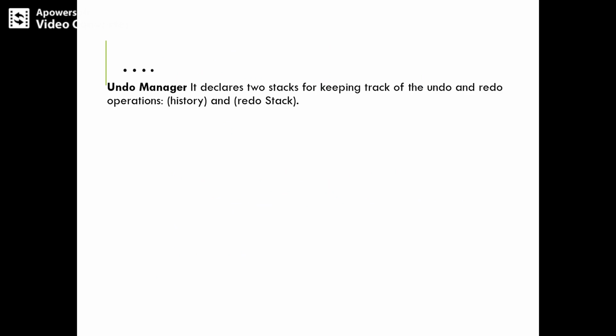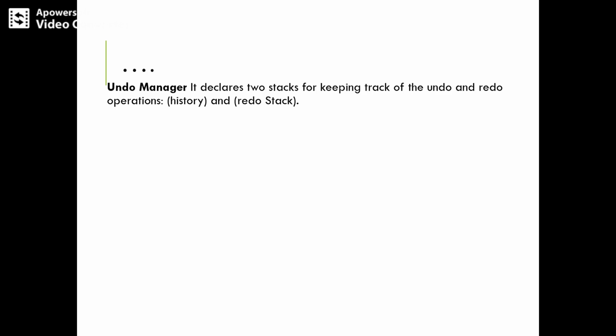The undo manager declares two stacks for keeping track of the undo and redo operations. One stack is undo and the other stack is redo. The undo stack stores all the details of the history, whereas the redo stack stores the recent history.